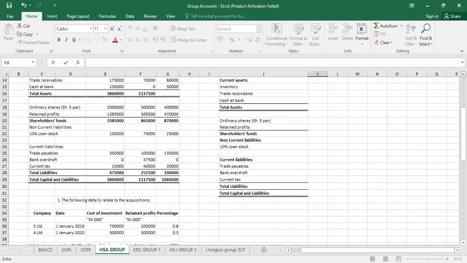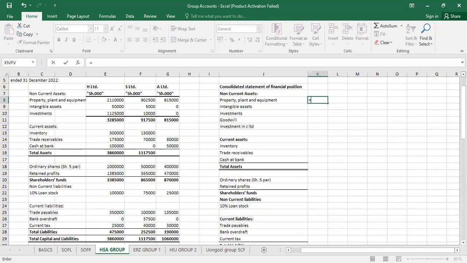Then you come, equal sign. So I'll take the parent, that's the subsidiary. You only combine parent and subsidiary alone, then enter.